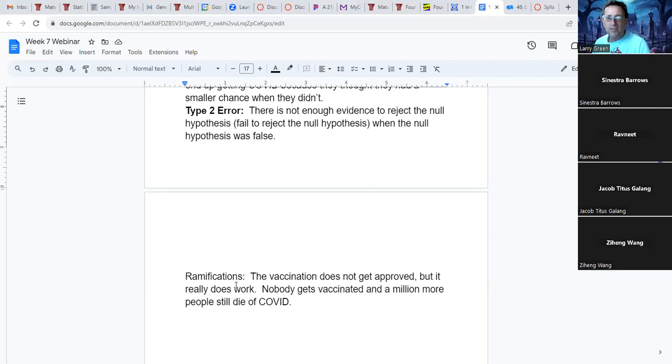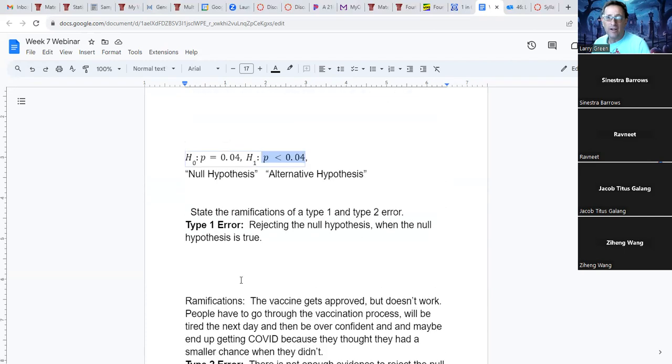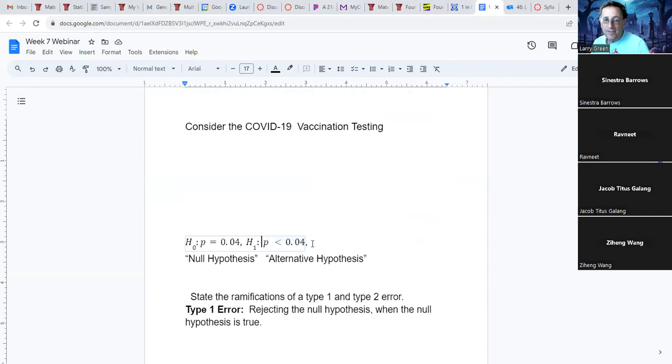Similarly, we're going to have to decide, and this is after looking at the type 1 and type 2 error, what should the level of significance be? Okay. And the level of significance is kind of the probability of a type 1 error. So it's the probability of you saying that P is less than 0.04 when actually it isn't.